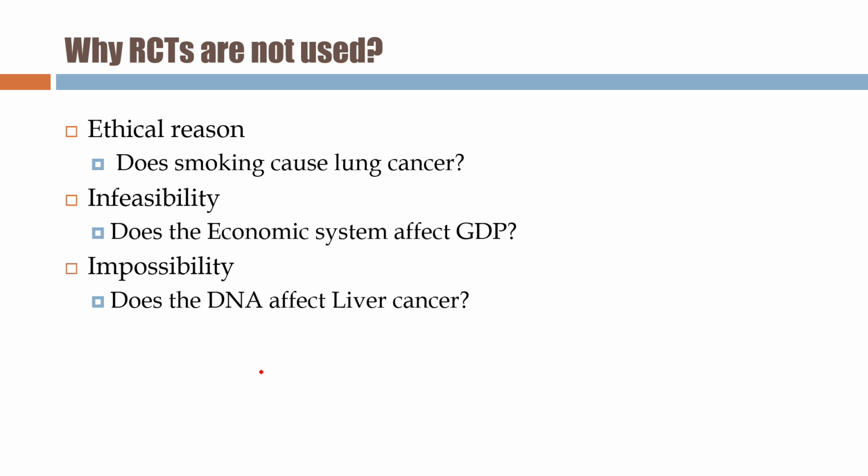If we assigned every country in the world, you do capitalism, you do communism, randomly, then we could easily see which one has a higher GDP, right? But this is not ethical, we cannot do that, right?